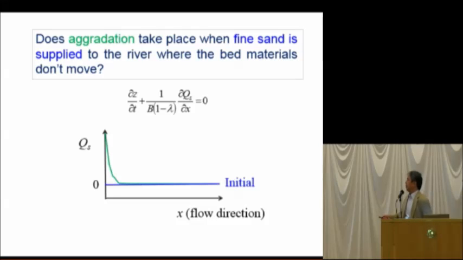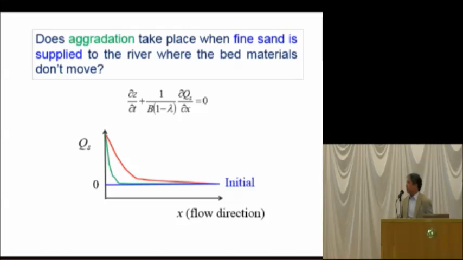And the sediment is transported downstream, and the sediment discharge keeps increasing from the upstream side to the downstream side, like this. But this is the basic equation of the bed variation. This term is always negative. That means this term is always positive. That means the answer is yes, aggradation takes place.